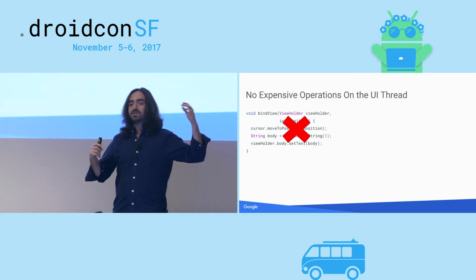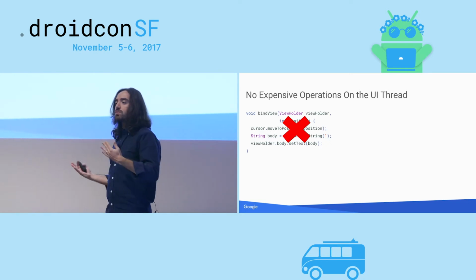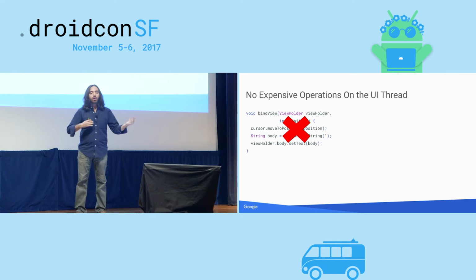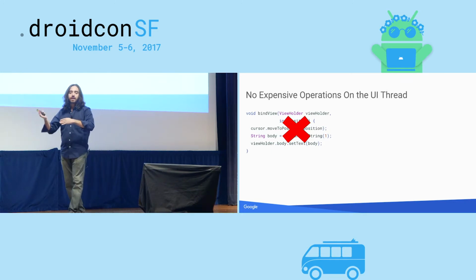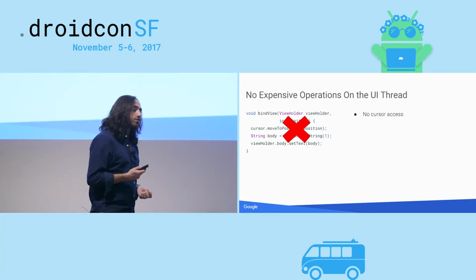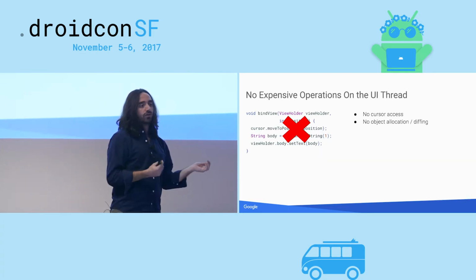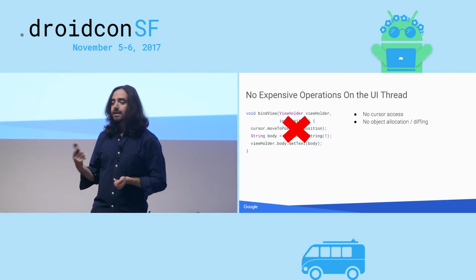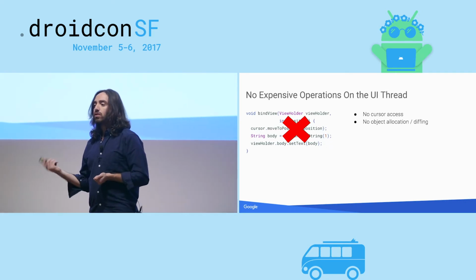So there is nothing like this. We will never do cursor move to position. It doesn't matter if we provide you the cursor API or hide it behind the POJO API. We should never access cursor on the UI thread. Also, we shouldn't do things like diffing on the UI thread or doing too many object allocations. Anything that might be expensive should be done on a background thread.